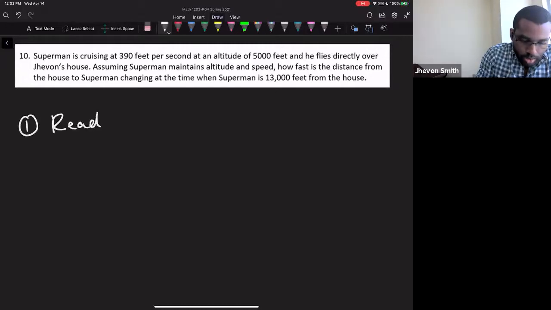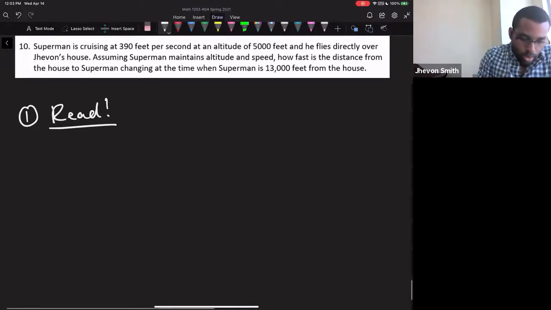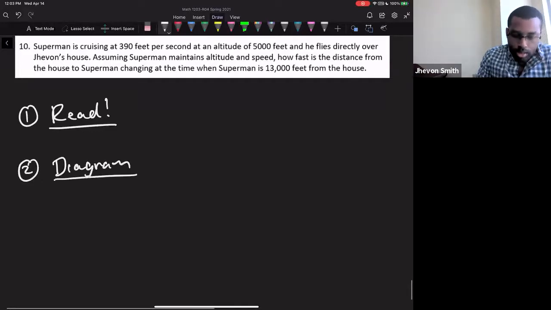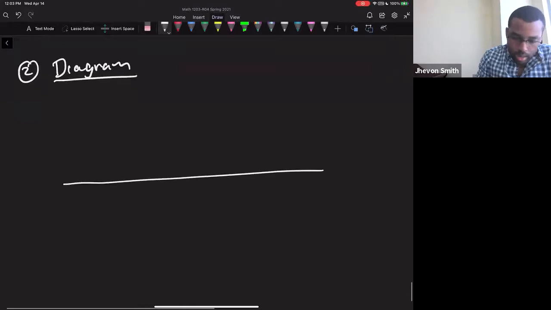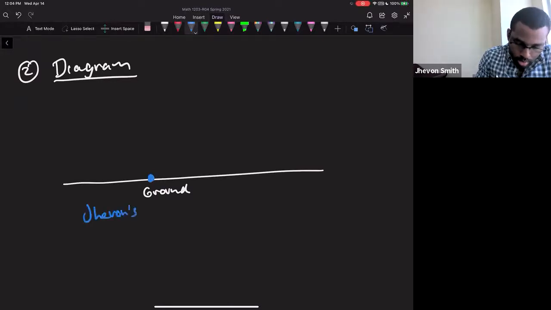So one, read. It's a related rates problem. Two, I need a diagram. So what would this diagram look like? Well, here's the ground. Suppose this dot here is Jhevon's house. And Superman is flying overhead.